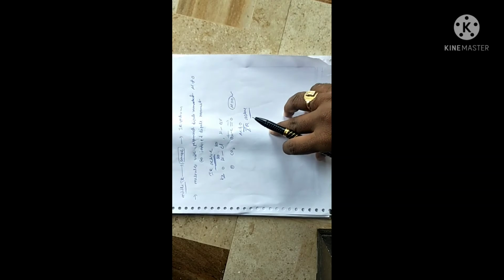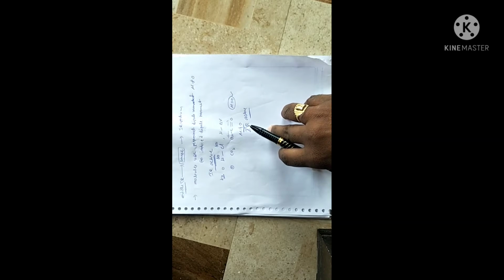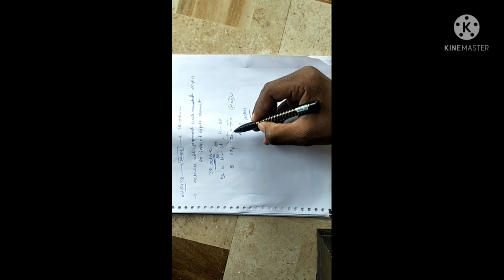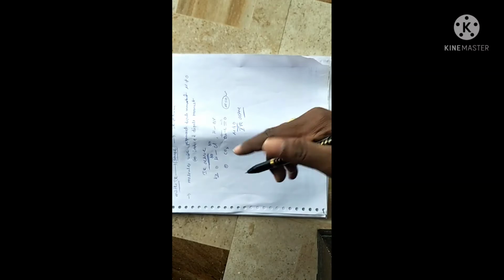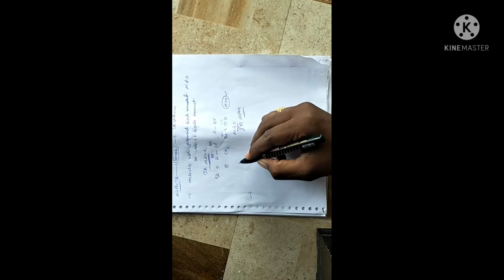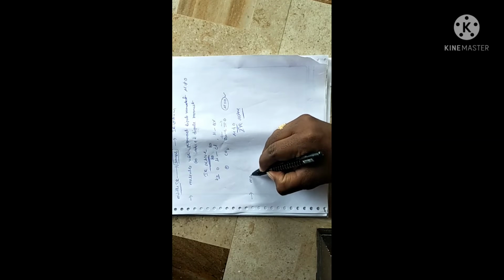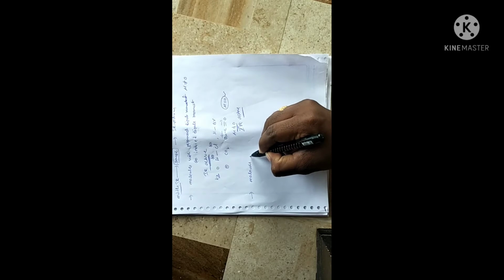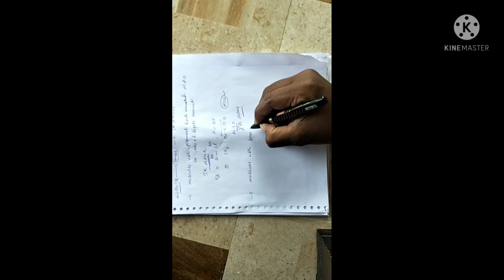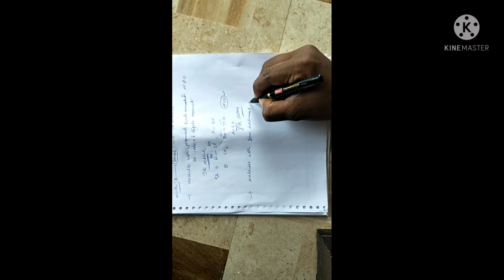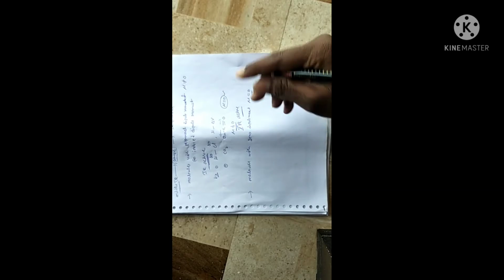Means due to vibrations in the molecules, an induced dipole moment value is produced. Okay, the next, molecules with zero dipole moment. Zero dipole moment means mu is equal to 0.